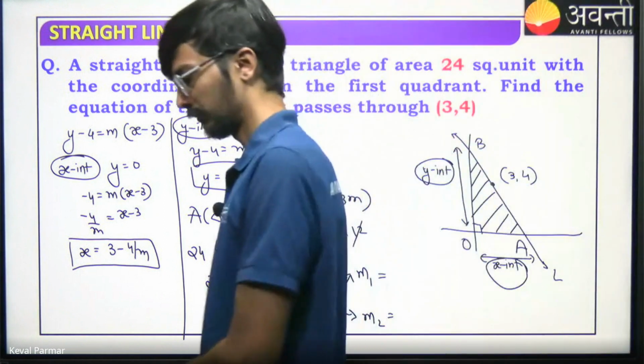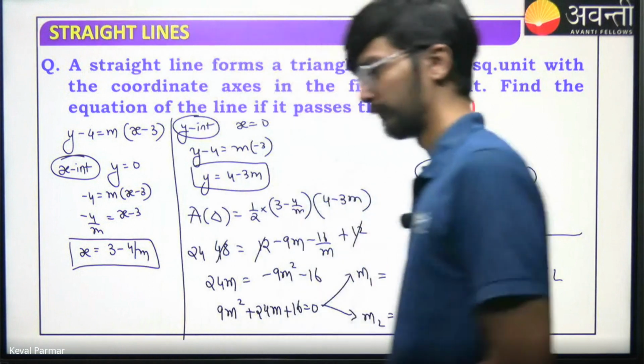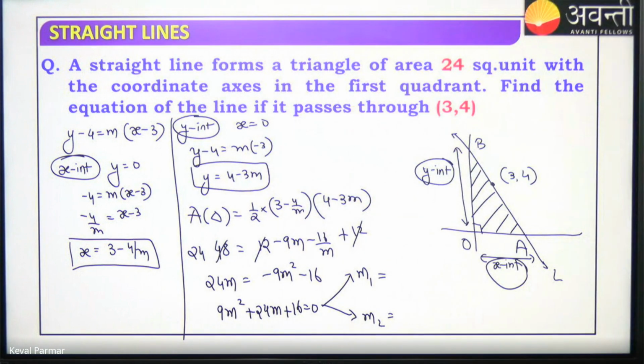Mamta, can you do it? Come on. Let's see. What are the factors? Come on, fatafat. The factors are, I think, 12 and 12, right?